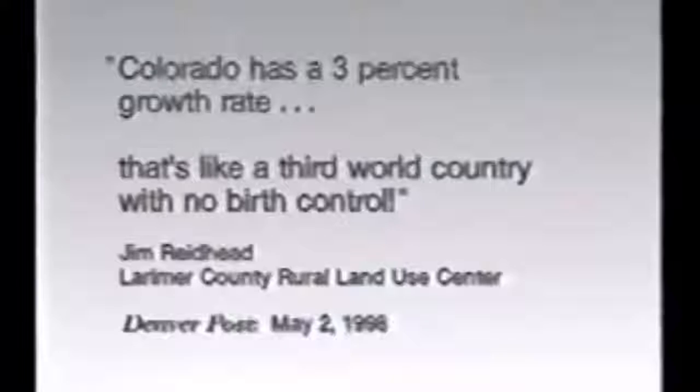The Rocky Mountain News tells us to expect another 1 million people in the Front Range in the next 20 years. But in the Post, there was an interesting story. Someone was quoted as saying, Colorado has a 3% growth rate. That's like a third world country with no birth control. We send foreign aid, family planning assistance to countries that have smaller population growth rates than Colorado has.